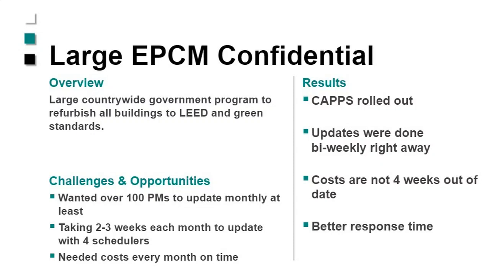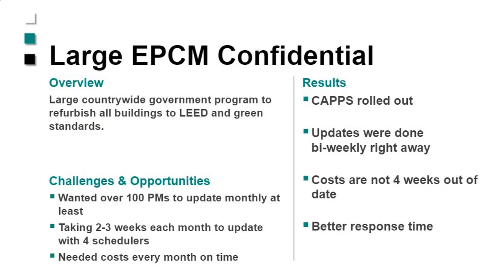And they needed to hit very tight deadlines for cost reporting. So by deploying to their PMs to do the updates, they're down to every week and every 2 weeks for the updates. And now the costs are not taking 4 weeks to get through the system. The costs are now getting done within a week. So the response time has improved considerably.